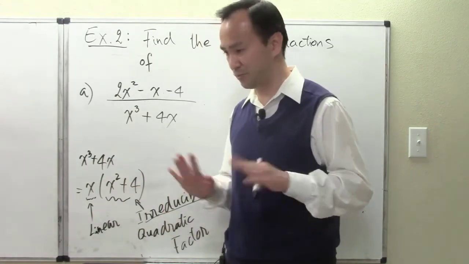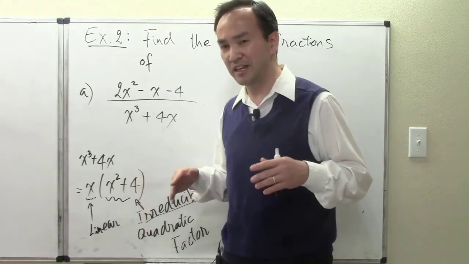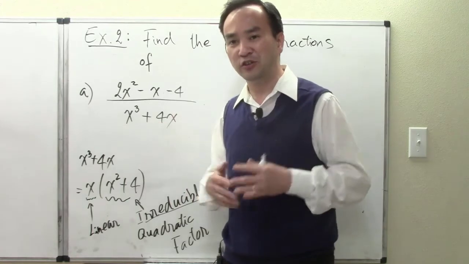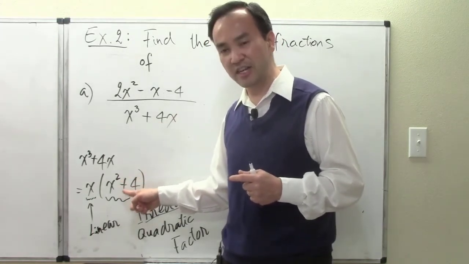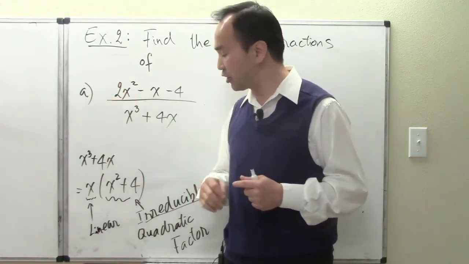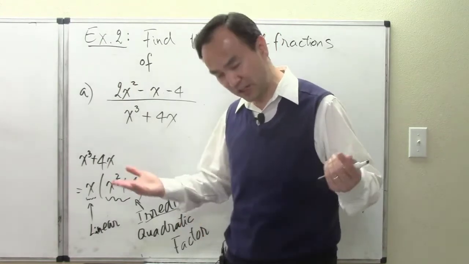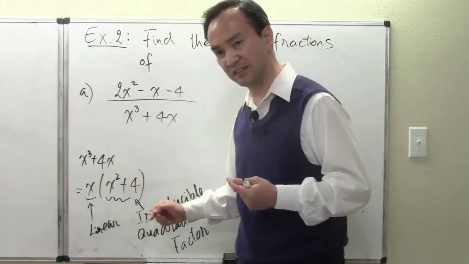But believe me, you will never see any such thing as an irreducible cubic or irreducible fourth degree polynomial. So quadratic is the highest irreducible polynomial. Any higher polynomial you can always factor down some way. It could be challenging, but there has to be a way to factor a polynomial higher than degree 2.